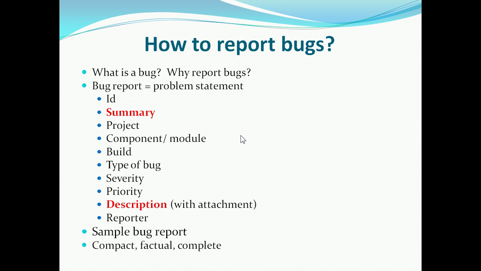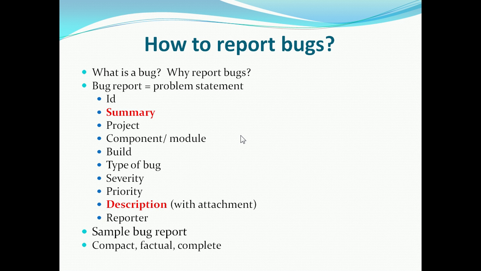Don't use any unnecessary words, don't give any unnecessary description, just whatever is required. Everything that is required in the bug report you should write in the bug report. Everything that is really unnecessary, you should avoid.